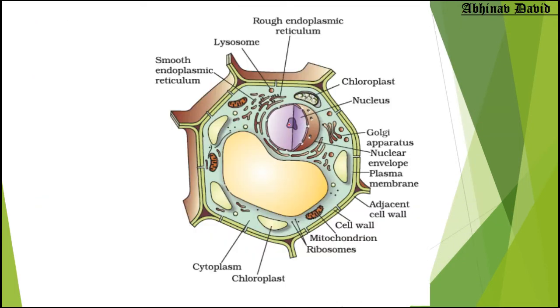Now let us see the eukaryotic cell. This is a eukaryotic cell. You can see the nucleus and you can see this nuclear membrane. Here it is written nuclear envelope. I told you nuclear membrane is also called nuclear envelope. So you can see a nuclear membrane, that is why this is called a nucleus.